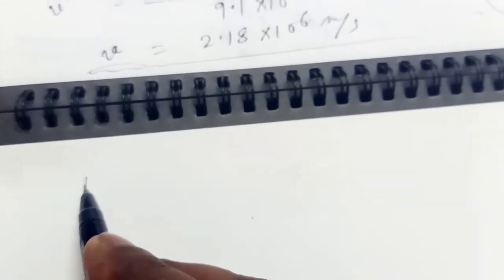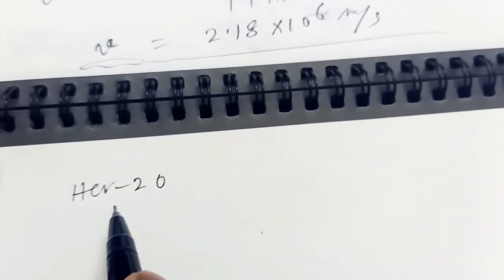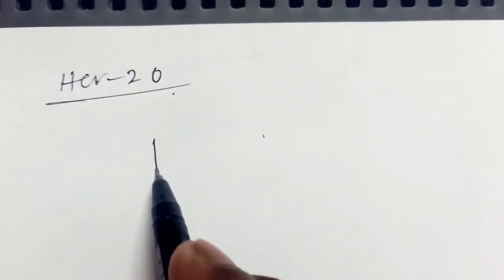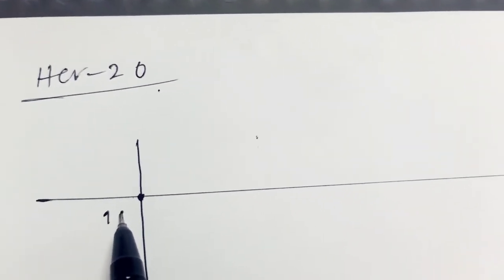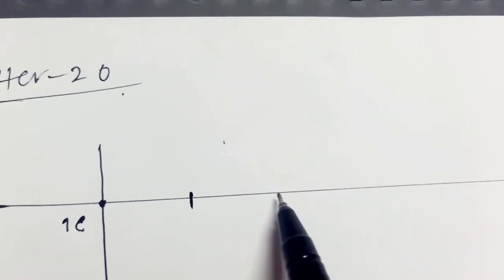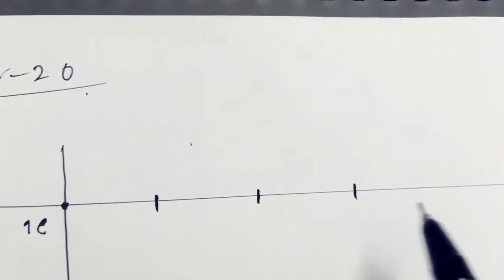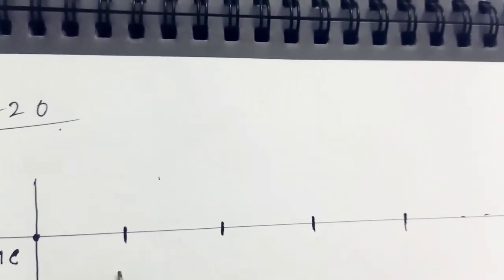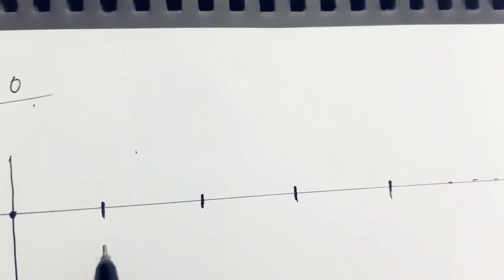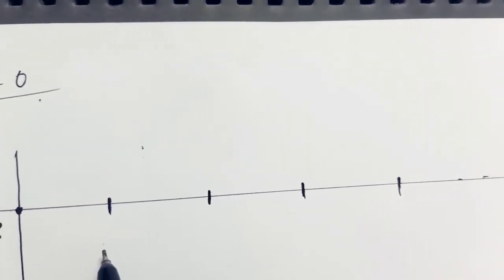So there are 10 charged particles. This is AC Verma question 20, the last question. There is a 1 coulomb charge at the origin, and if we take 10 centimeters, then 10, then 10, and so on, up to the 10th. Here the first charge is 1.0 into 10 to the power minus 8 coulomb.